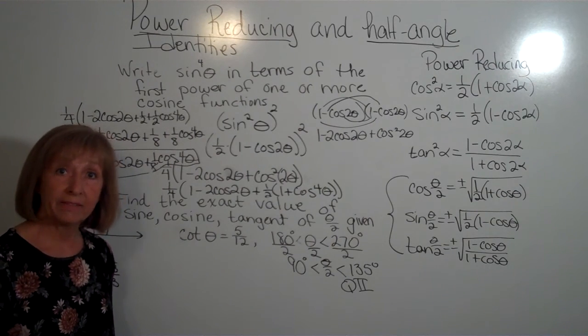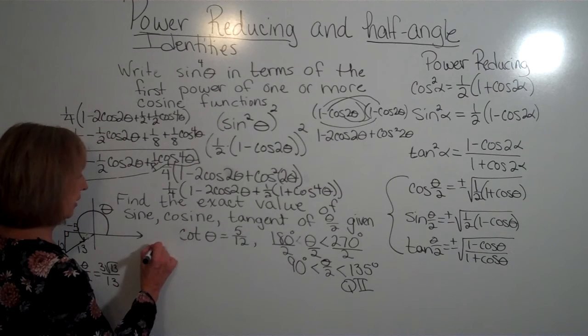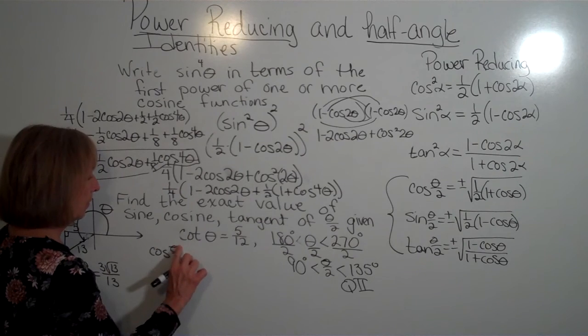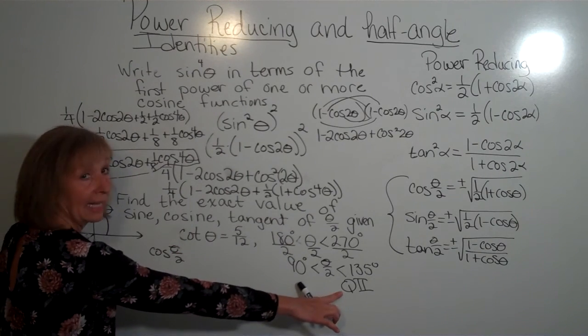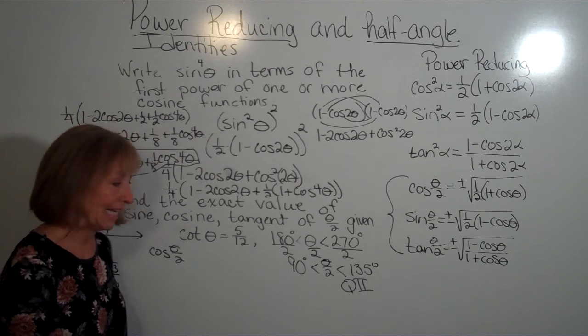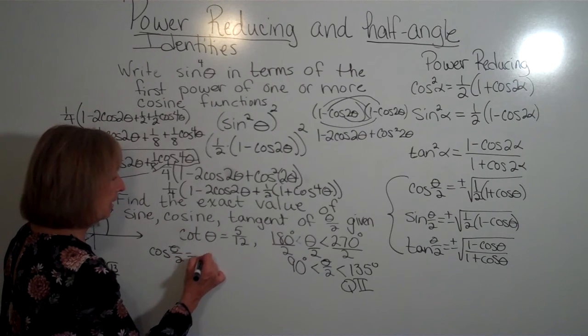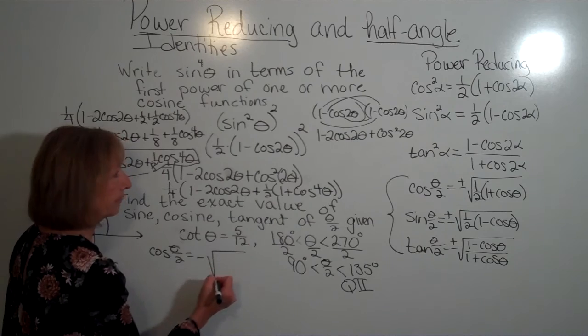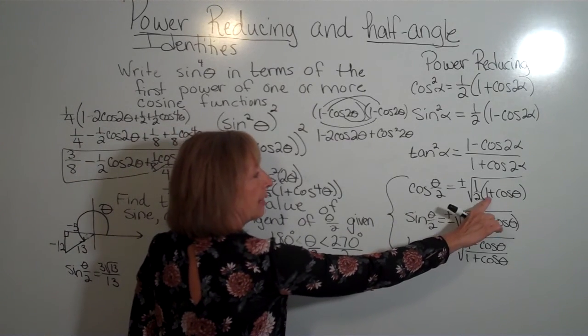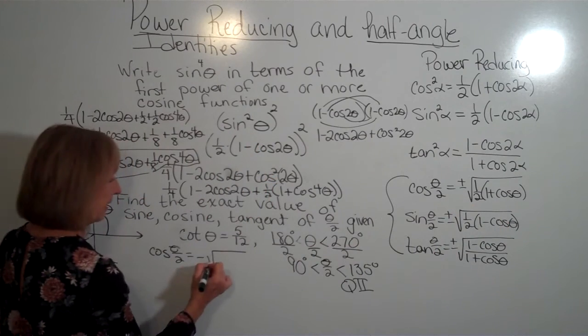Now let's do the cosine of theta over 2. The cosine of theta over 2, well, theta over 2 is a second quadrant angle. And the cosine in a second quadrant is negative. So it's equal to negative the square root of 1/2 times 1 plus the cosine of theta.